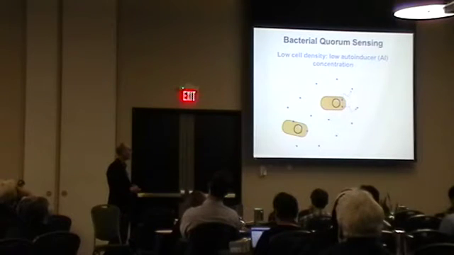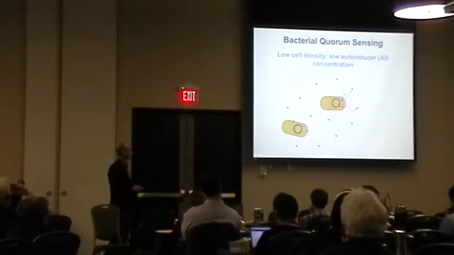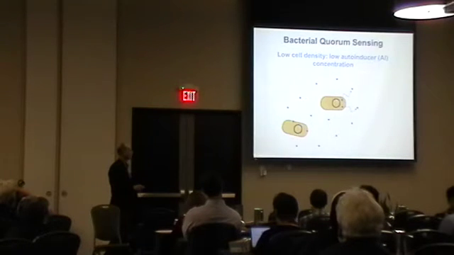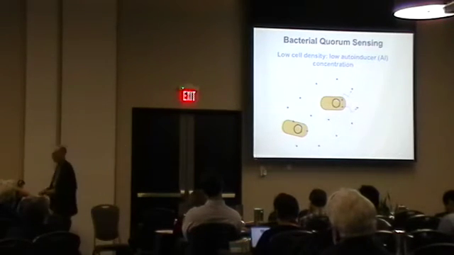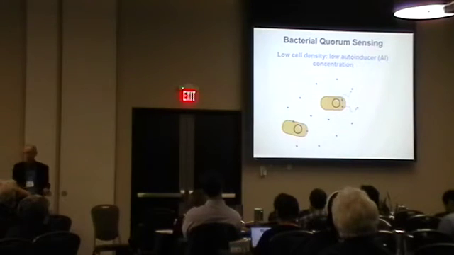And so here's a little schematic. Here's a cell. It's got a chromosome. There are some genes on it that help synthesize small molecules. These get secreted. But if there are only a few cells in the vicinity, the concentration of these molecules is low and not much happens.